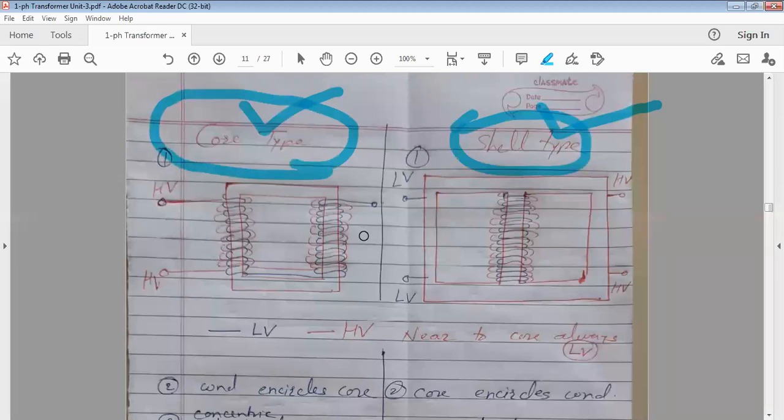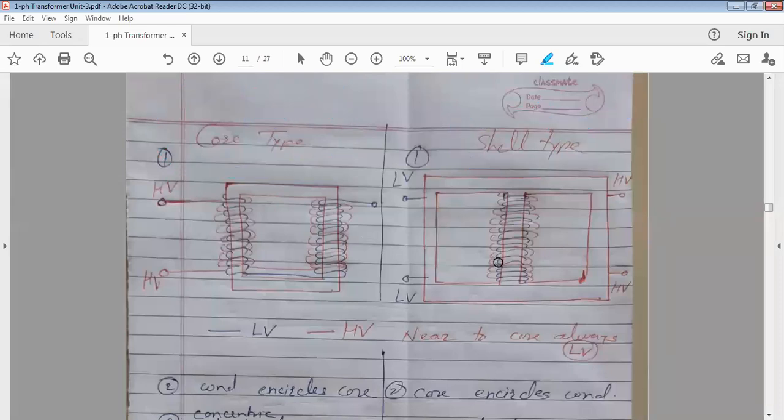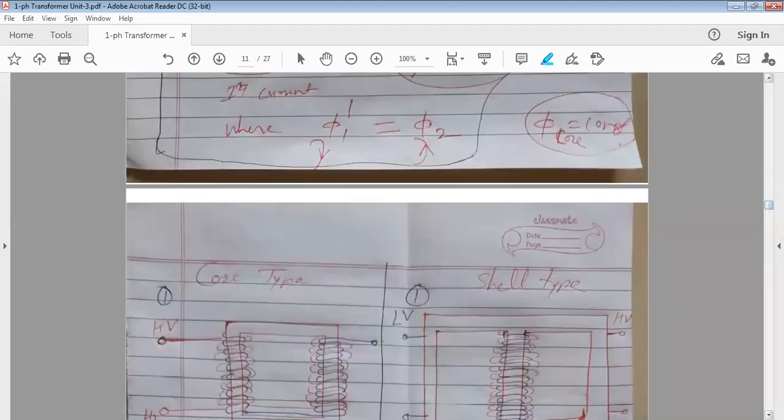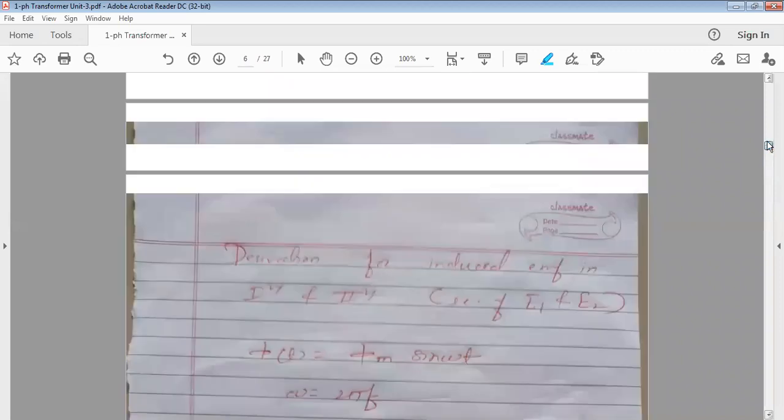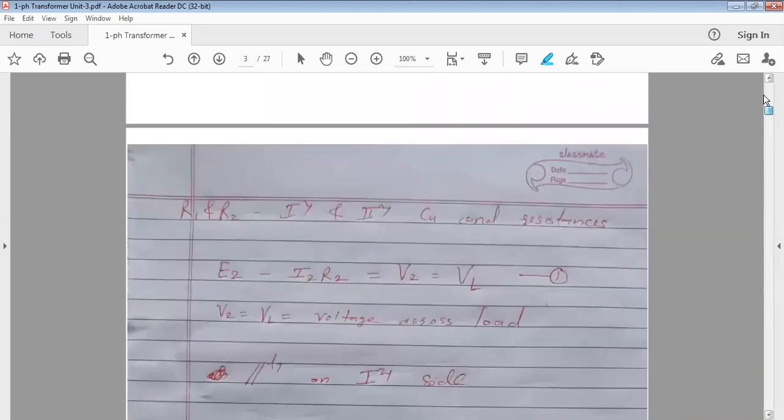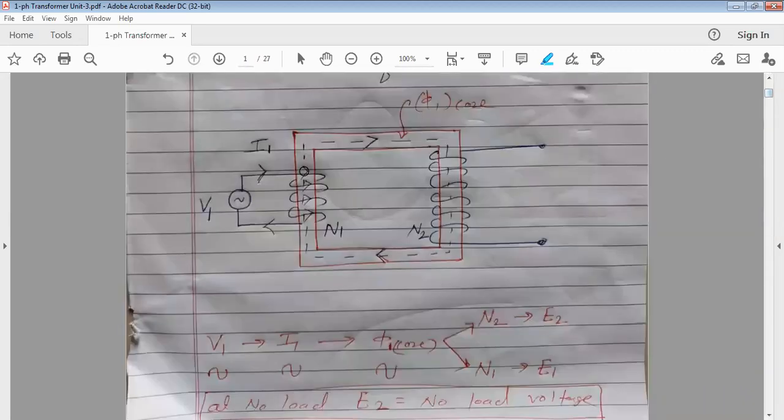Now, what is the difference? All of you can see in the diagram. Up till now, what I have shown to all of you, if you observe this construction, what is visible here? Separately, I have shown the primary winding on the left side limb and the secondary winding completely on the right hand side limb.